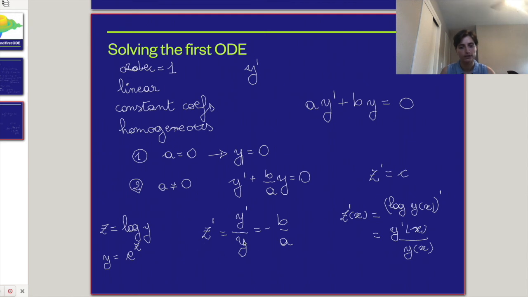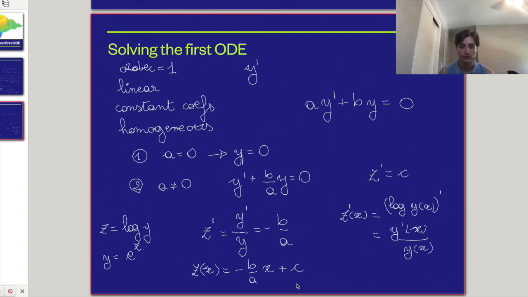And once we have this, well, z prime equals minus b over a, we have the solution of z, because we know that z of x is equal to minus b over a times x, plus possibly a constant. And now we also know how y relates to z.